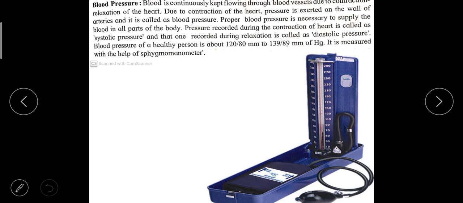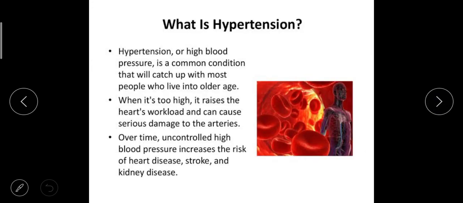Proper blood pressure is very necessary to supply blood to all parts of our body. Pressure recorded during the contraction of the heart is known as systolic pressure, and the one recorded during relaxation is known as diastolic pressure.